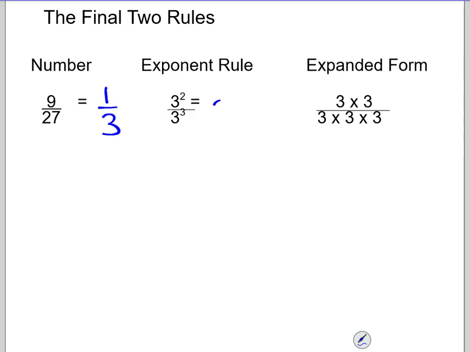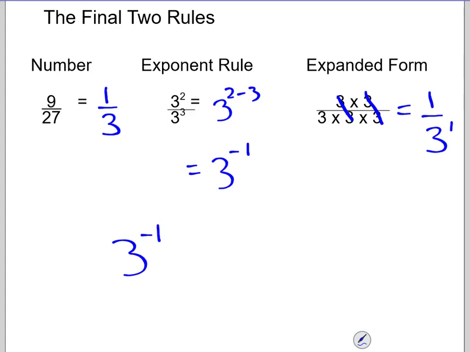If we did it with an exponent rule, we would have 2 minus 3, or 3 to the negative 1. If we did this in expanded form, these would all cancel, and you would be left with 1 over 3 to the 1. Okay, so 3 to the negative 1 exponent is the same as 1 over 3 to the 1.